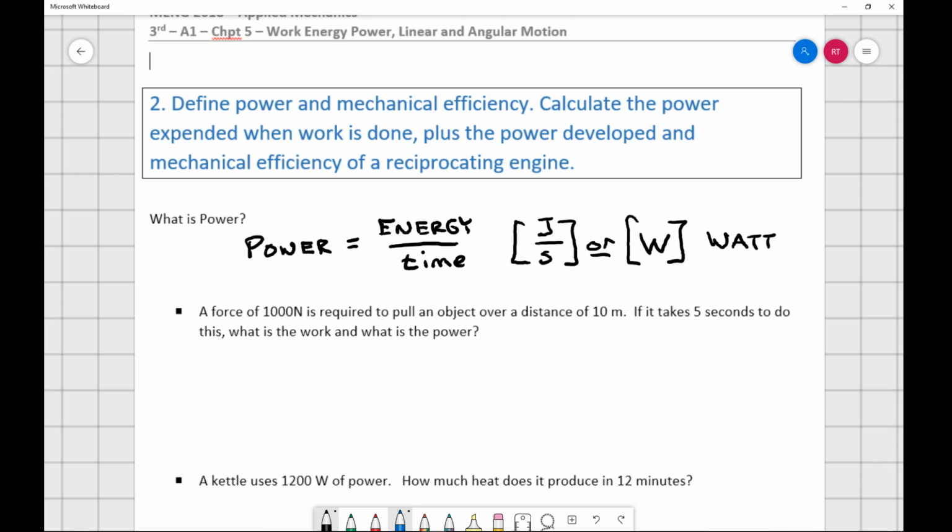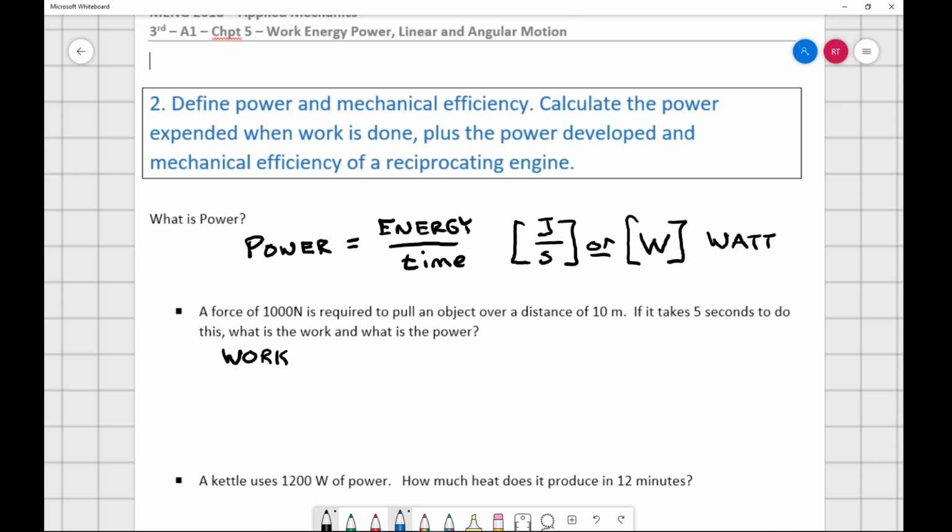Okay, so a force of 1,000 newtons is required to pull an object over a distance of 10 meters. If it takes 5 seconds to do this, what is the work and what is the power? First, we're going to find the quantity of energy, which in this case would be work. We have a few different ways to describe energy: heat, work, potential energy, etc. In this case, we have work as the energy that goes into our power equation.